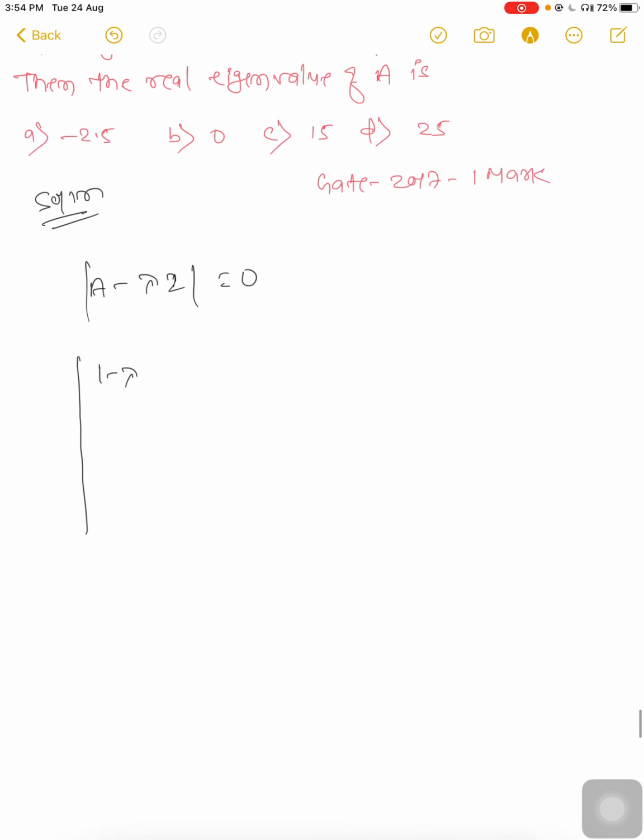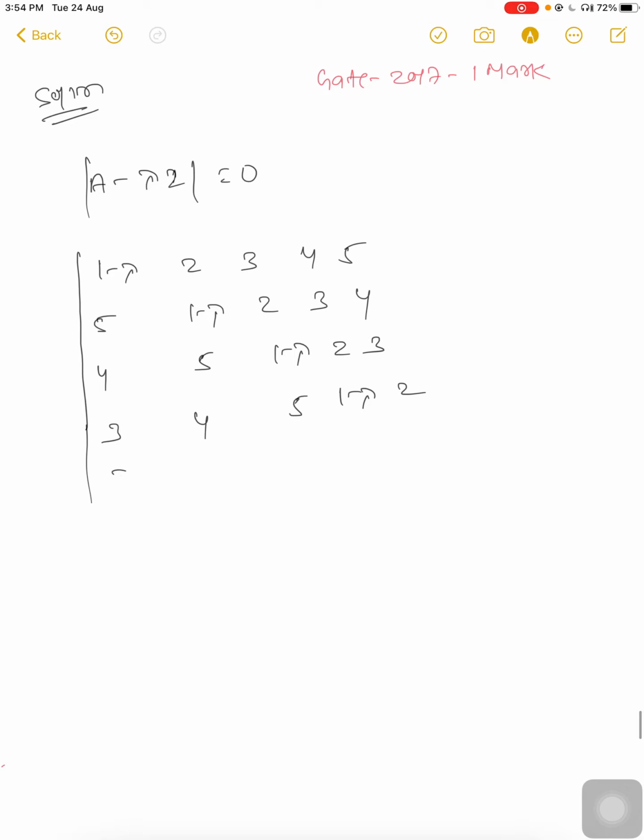So you will get 1 minus lambda, 2, 3, 4, 5. Okay. And here you will get 5, 1 minus lambda, 2, 3, 4. Then here 4, 5, 1 minus lambda, 2, 3. Here you will get 3, 4, 5, 1 minus lambda, 2.